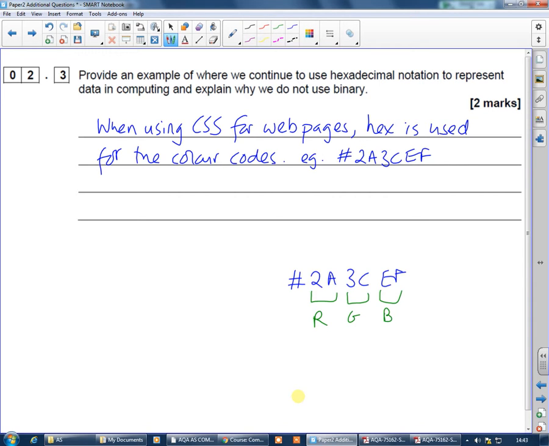Why don't we use binary? We don't use binary because hex provides a shorthand of the number.